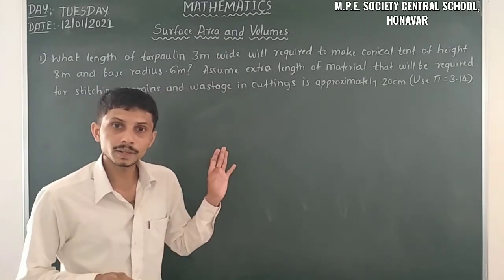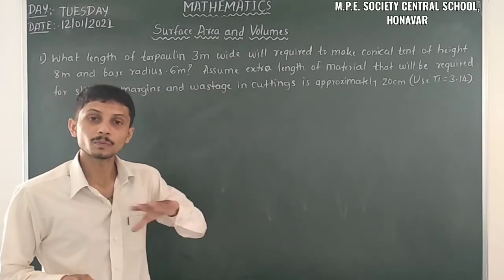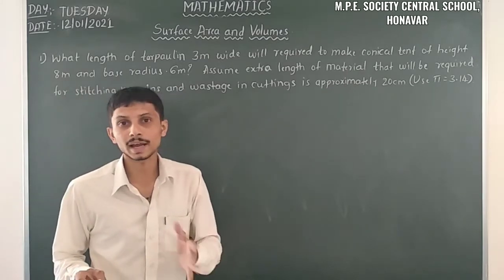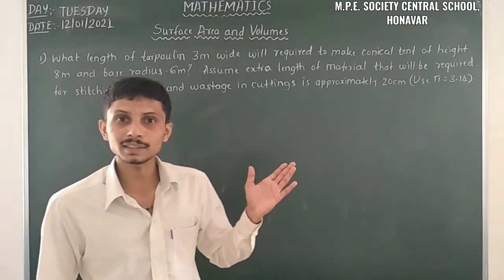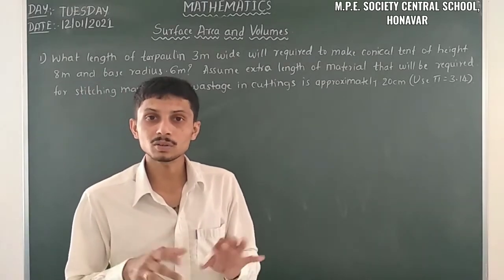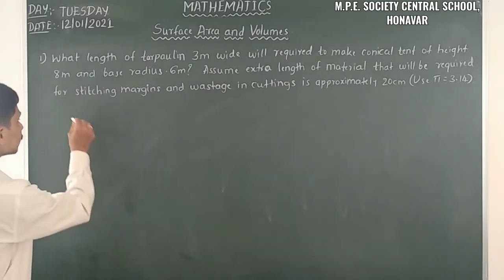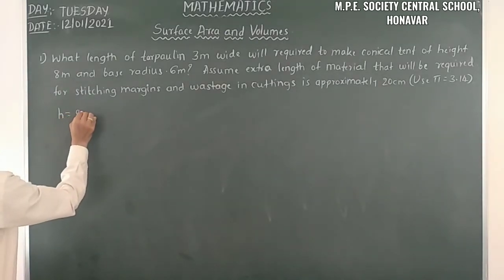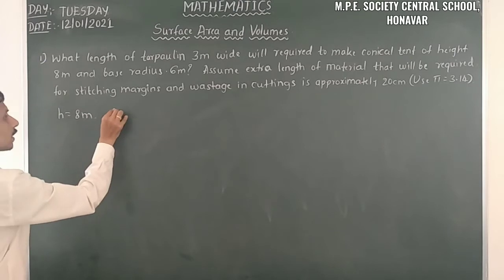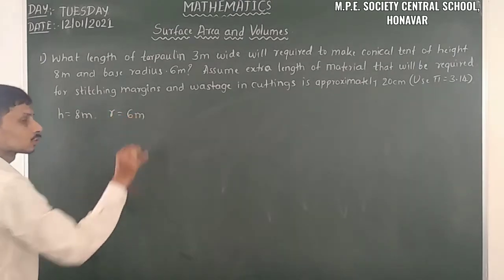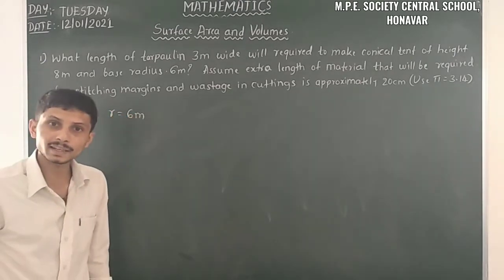So here we have to find the curved surface area. For that we need the slant height. Is the slant height given? No. So we have to find the slant height. The value of h is 8 meter and the value of radius is 6 meter. Using that we can find the slant height L.